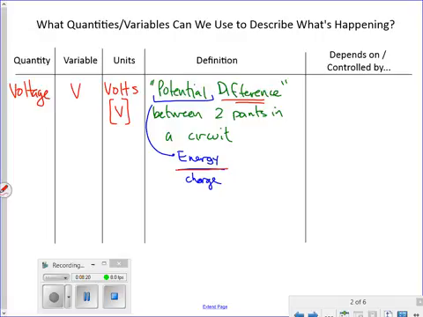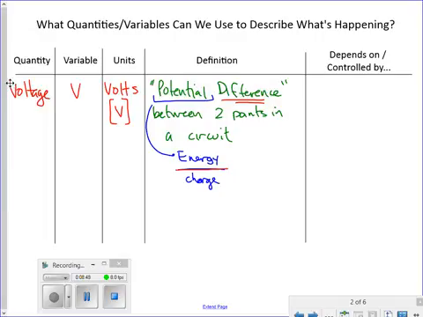We're talking about how much electrical energy charges have lost, or the amount of electrical energy lost per coulomb of charge, per unit of charge. So voltage isn't really energy, but it sure can be thought of in a similar way to energy. Okay?